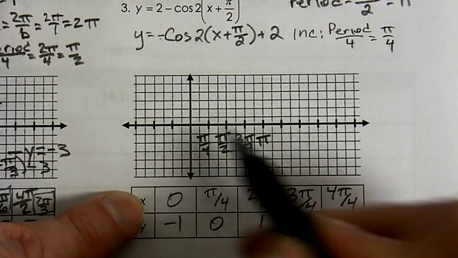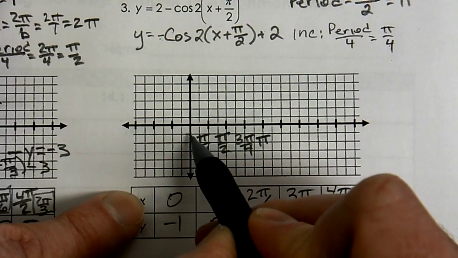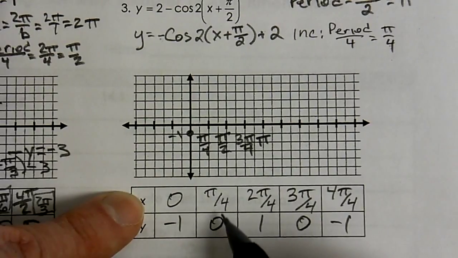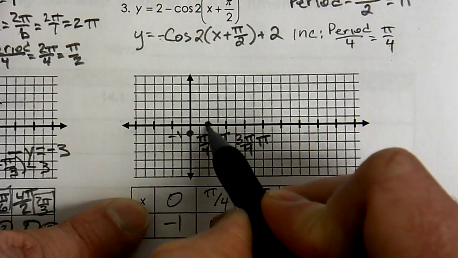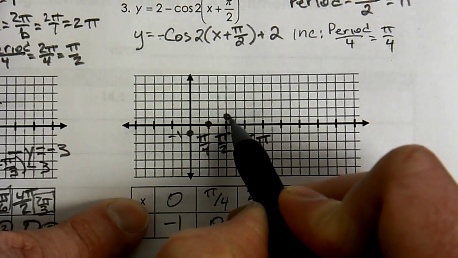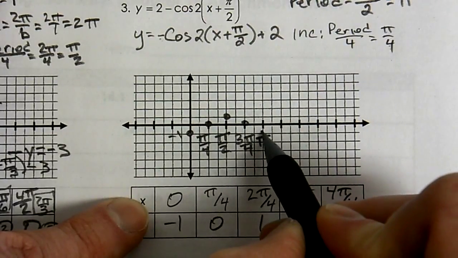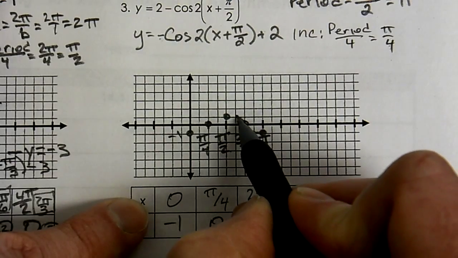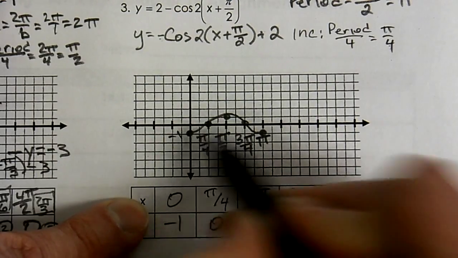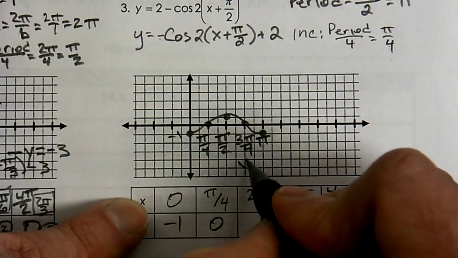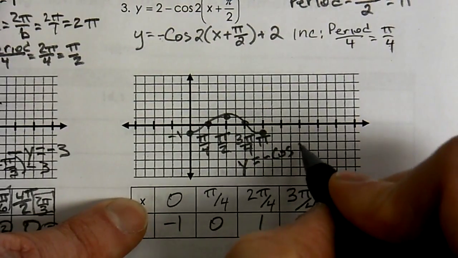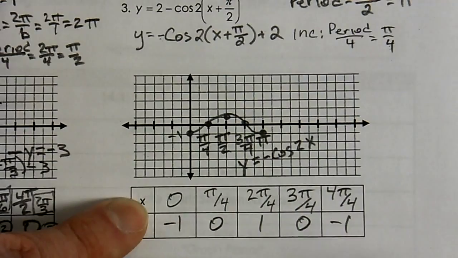We'll start at negative 1, then we'll work our way up to 0, to 1, back to 0, negative 1. So our cosine graph will curve right through here, and we like to label that. Y equals negative cosine of 2x.